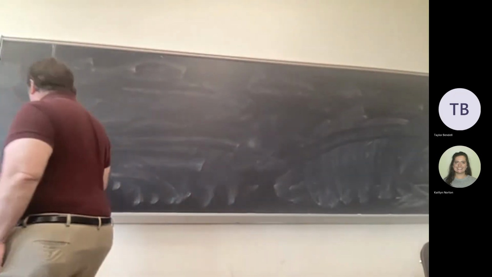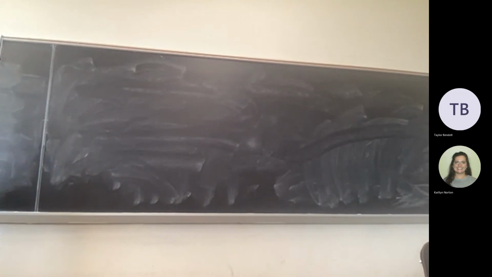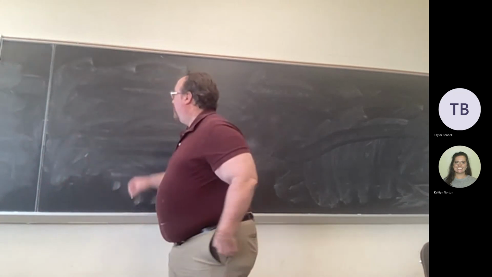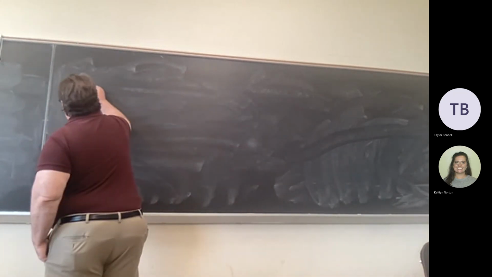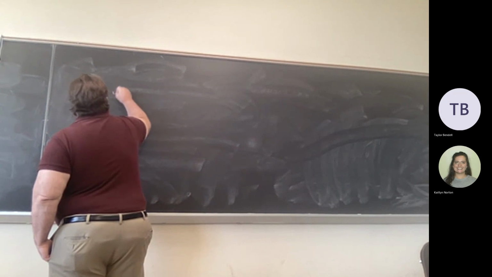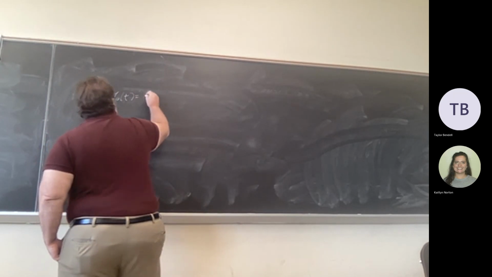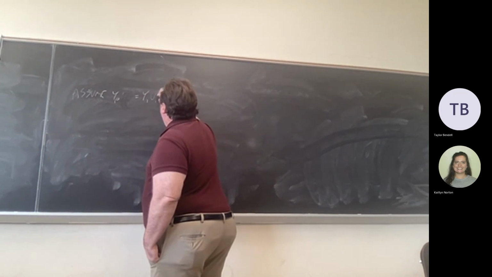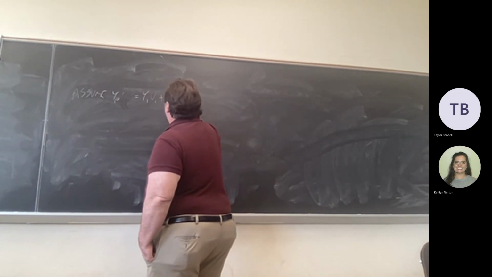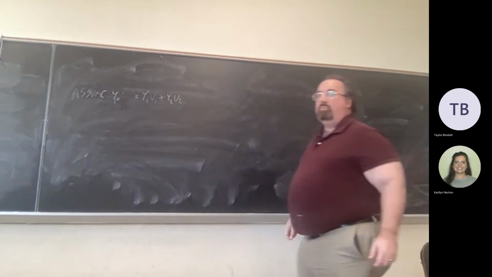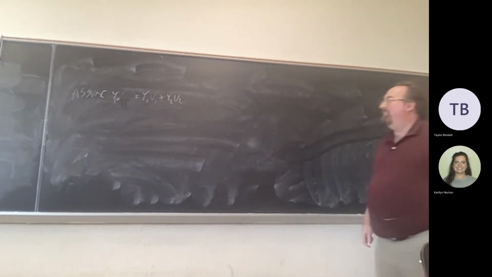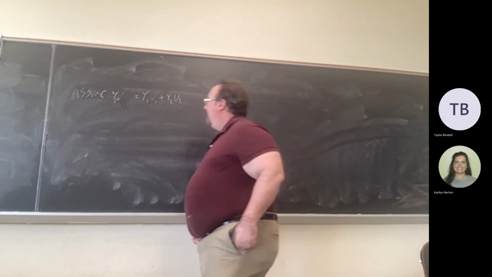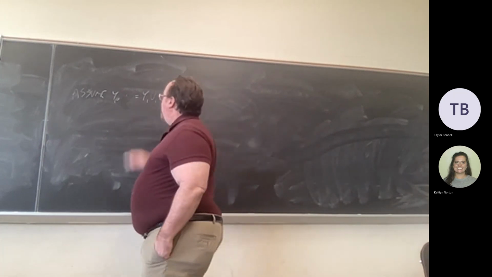I think what's done is you assume that the solution has this form: your particular solution is a linear combination of y1 and y2, where u1 and u2 are unknown, and they're functions of t. And that's not a product as much.